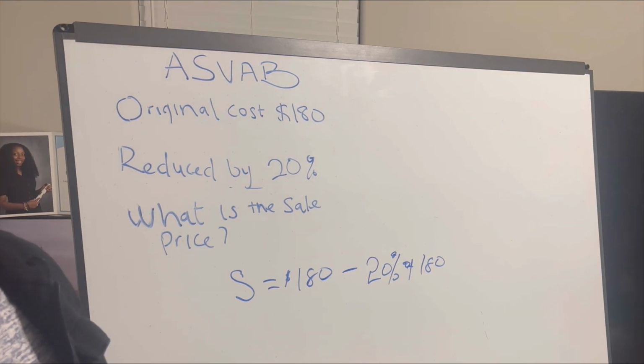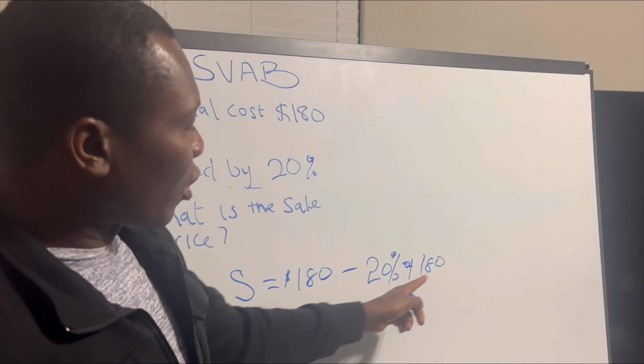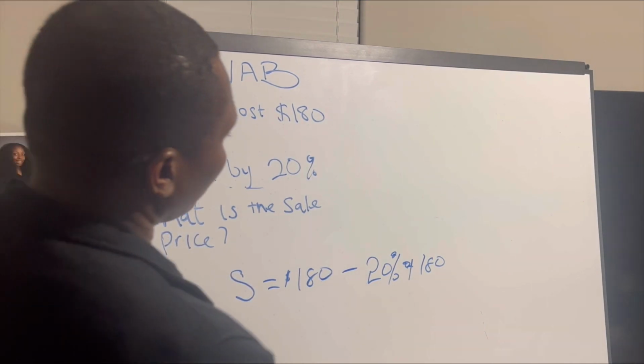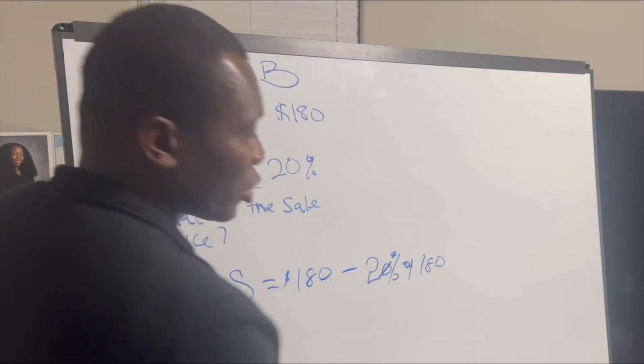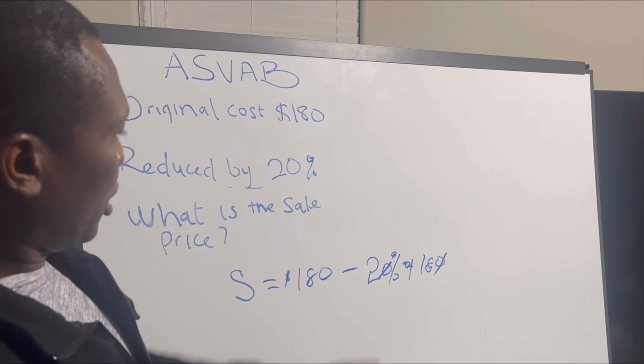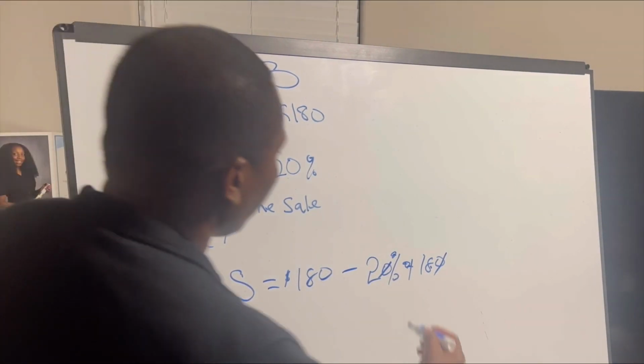That's your sales price. So firstly, we're going to calculate 20% of 180. And one of the ways to do that is you take out this first 0 and you put a decimal here, so that cancels the 0. And you multiply the 2 by 18. What do you get? 36.